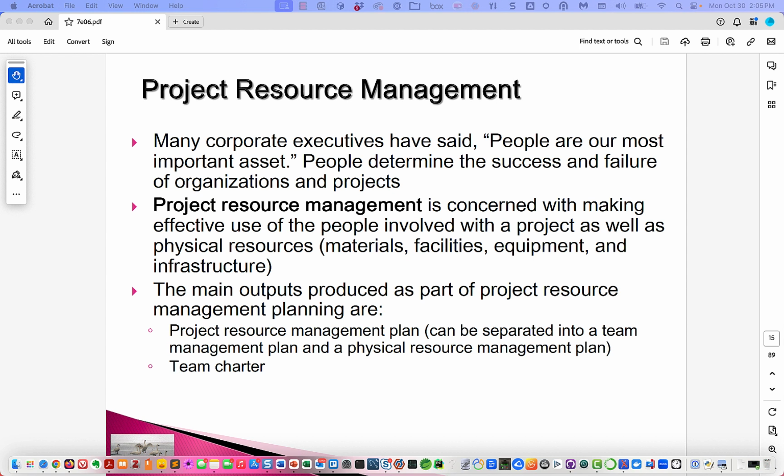The main outputs produced as part of a project resource management plan are the project resource management plan and a team charter. And we'll talk about the team charter idea in a minute.